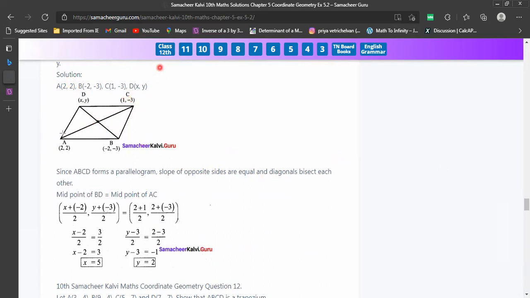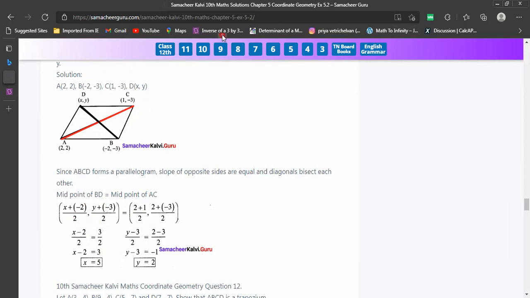So they are taking midpoint of AC and midpoint of BD, and they are checking whether the midpoint of BD is equal to midpoint of AC or not. Here they told you it creates a parallelogram. So we have to equate them and we need to find the value of x and y from that.